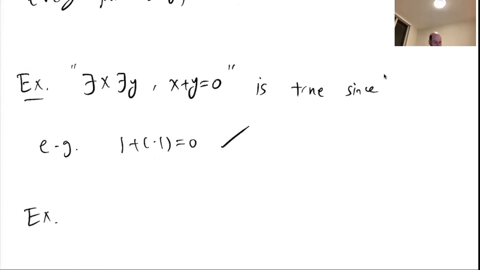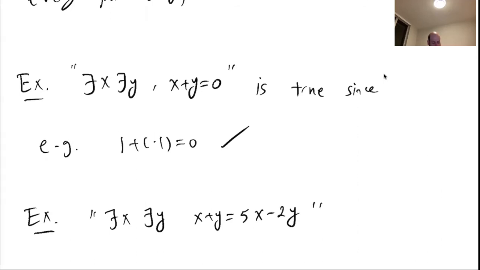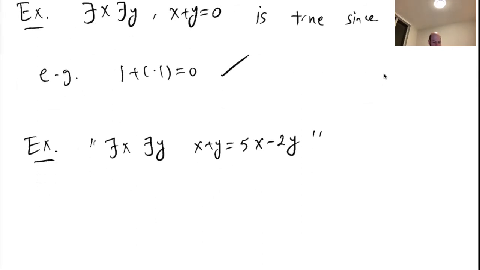Or another example, let's say there exists x, there exists y, that, for example, x plus y is equal to 5x minus 2y. So this one is also true. Well, and again, if we want to show it's true, we need to find at least one pair for which this is true.